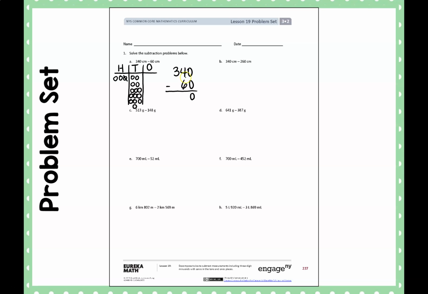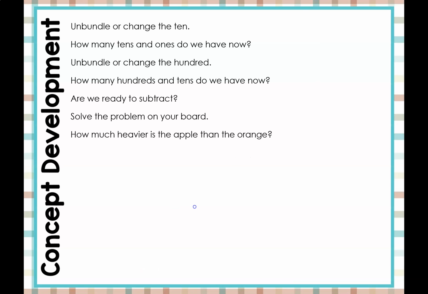Okay, so that 4 becomes, now we have 14 tens, and that 3 becomes a 2, since we borrowed 100. Okay, now can I do 14 minus 6? I sure can.